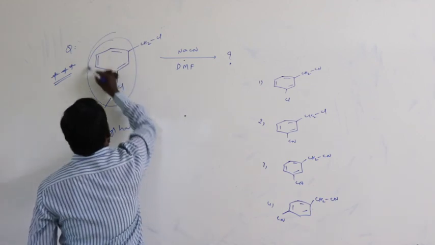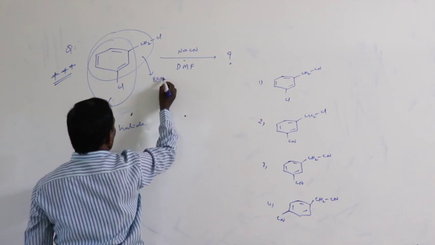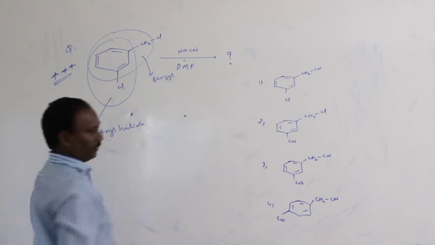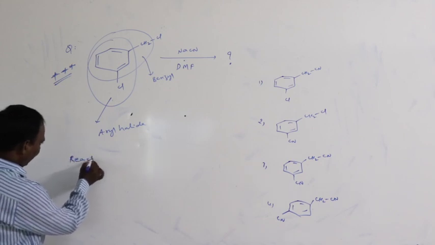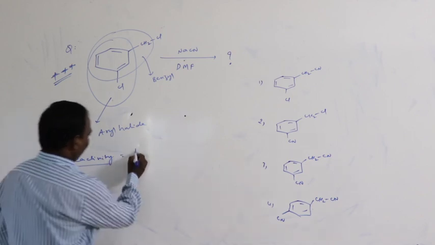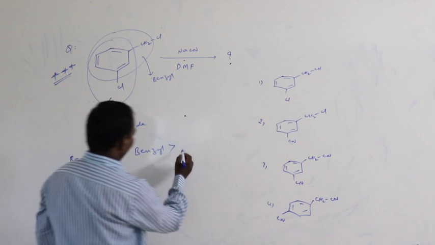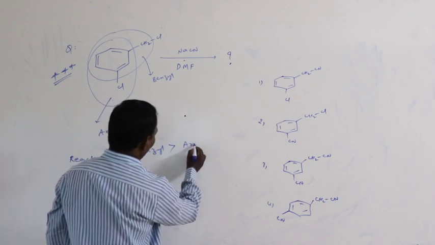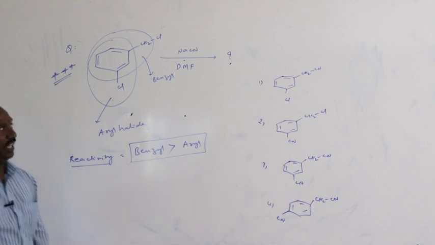Now this part belongs to benzyl group. Which one is more reactive? Reactivity order, benzyl is more reactive than aryl halides.